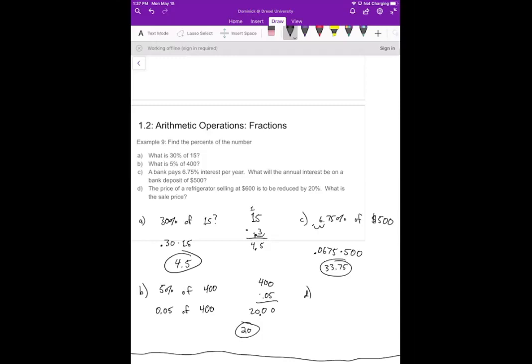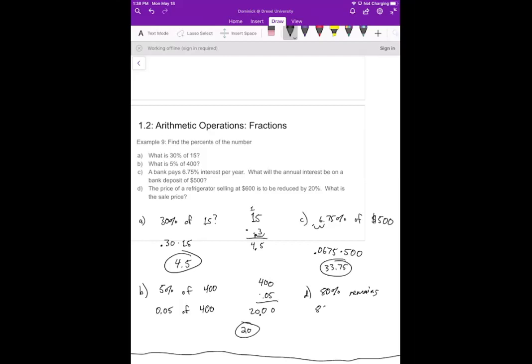All right, and part D, price of a refrigerator is going to be reduced by 20%. We want to know what is the sale price. All right, now there are two ways that you could do this. You could find what the amount of the discount is going to be and then subtract that from the original amount. Or if you take 20% away from something, there's 80% remaining.